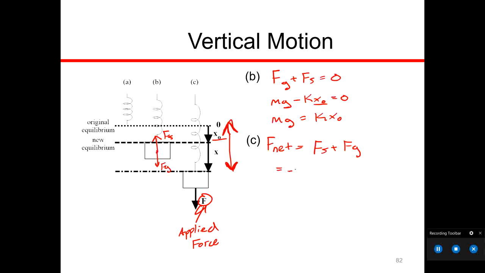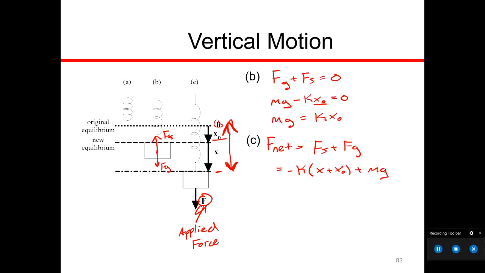So spring force, so we have to look at our total distance moved now, which is from 0 all the way down to the bottom. So it's k times x0 plus x, our total distance that we've moved from our 0 point, negative, so minus k(x plus x0), plus mg.